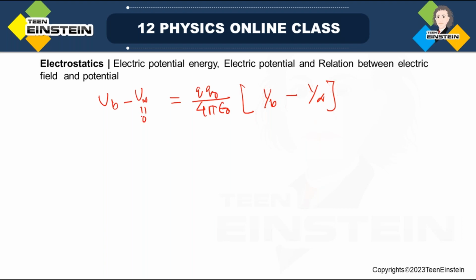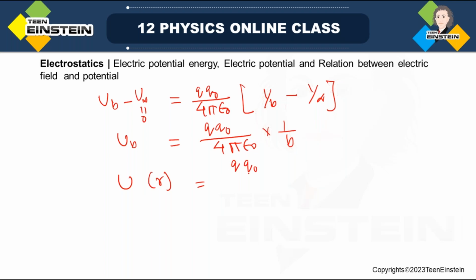So U infinity is also 0, potential energy 0. So UB can be written as q0 q by 4 pi epsilon naught, 1 over B. In general, let me write this as U(r), because it is a function of the separation, q0 q by 4 pi epsilon naught r.